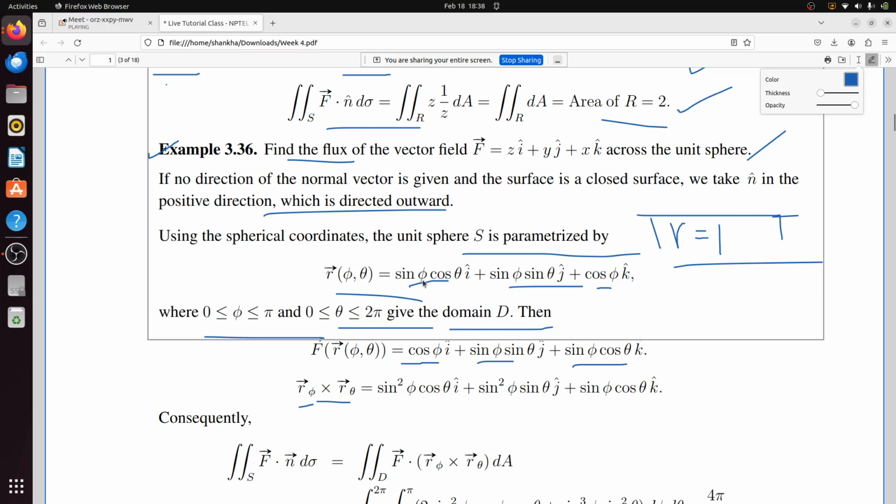You first compute r phi, then compute r theta, take the cross product, and you will get this term. I request everybody to please cross check it. Priyanka, please cross check whether it is correct or not. Compute r phi and r theta, take the cross product, and tell me whether it is correct.